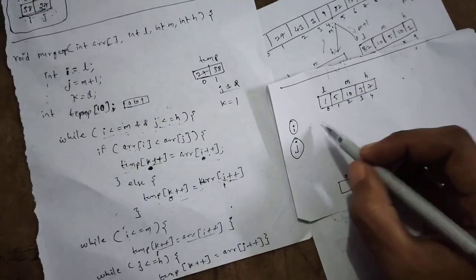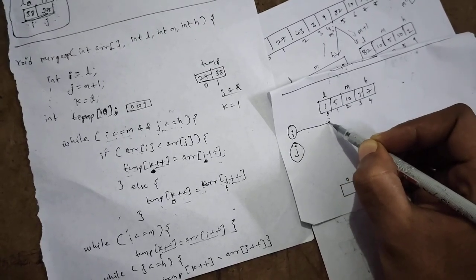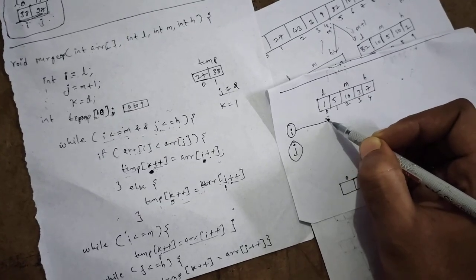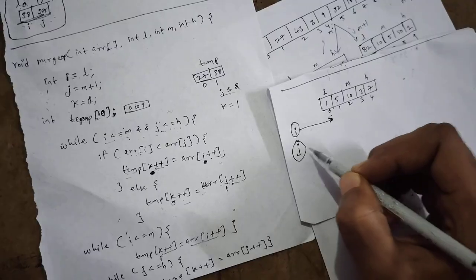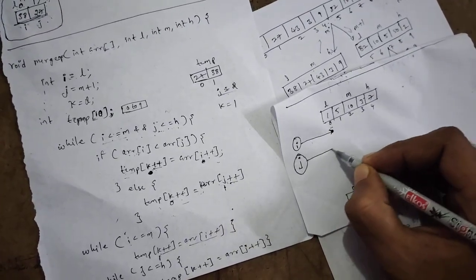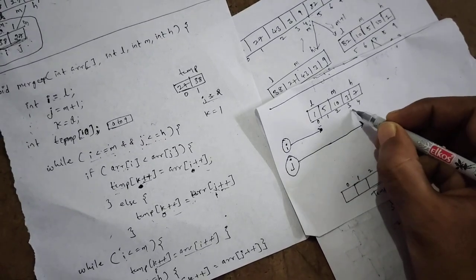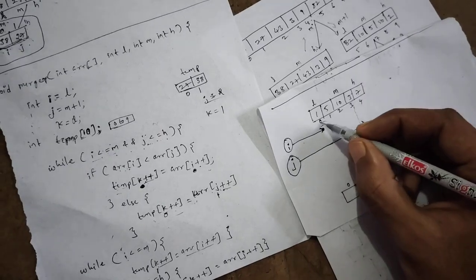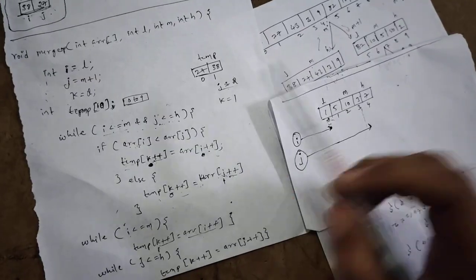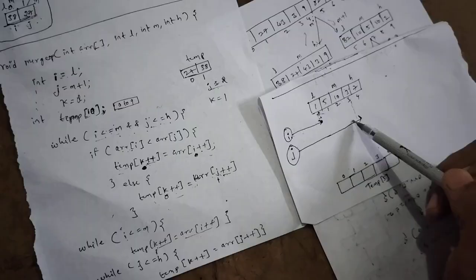Let's assume l equals i. The i is here, now, and j is mid plus 1. The j is here and i is here. We know the i value is 0, j value is 3.